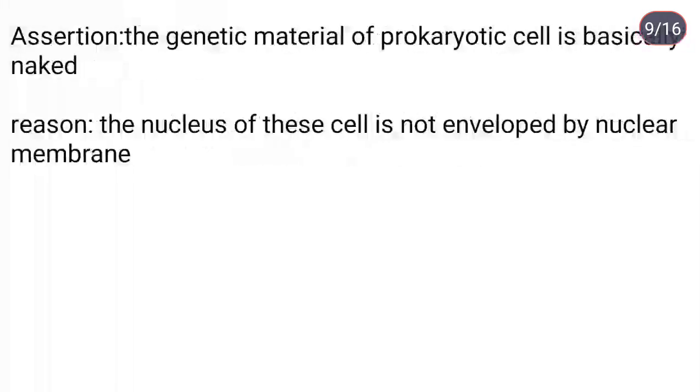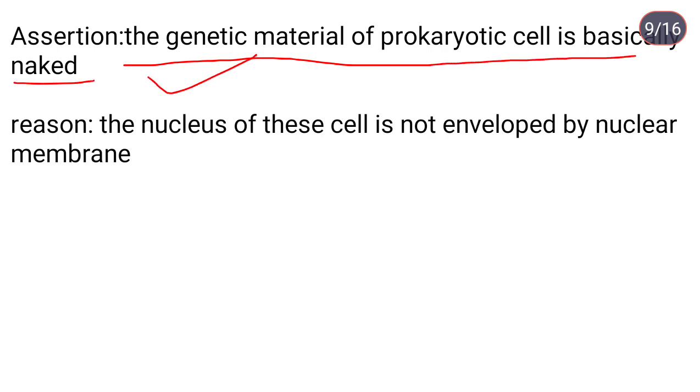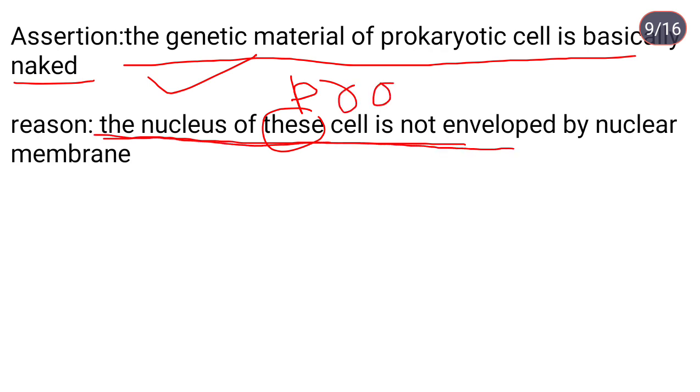And the next question is an assertion and reason type question. The assertion is that the genetic material of prokaryotic cell is basically naked. Yes, the assertion is true. The reason is that the nucleus of this cell is not developed by nuclear membrane. The reason is also true.